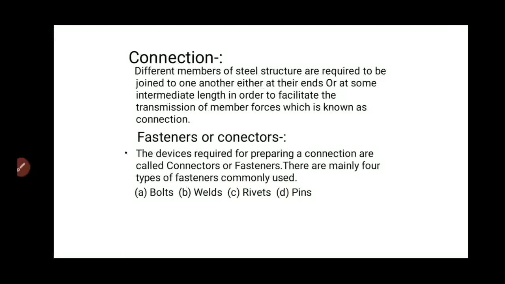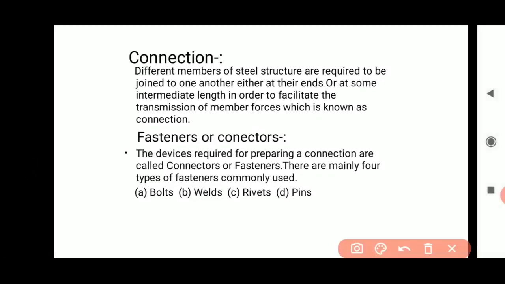Then how will we make the connection between the members? Let's take a simple example. This is a thread and this is another thread, and someone tells you to join these two threads. Generally we will simply tie these threads.